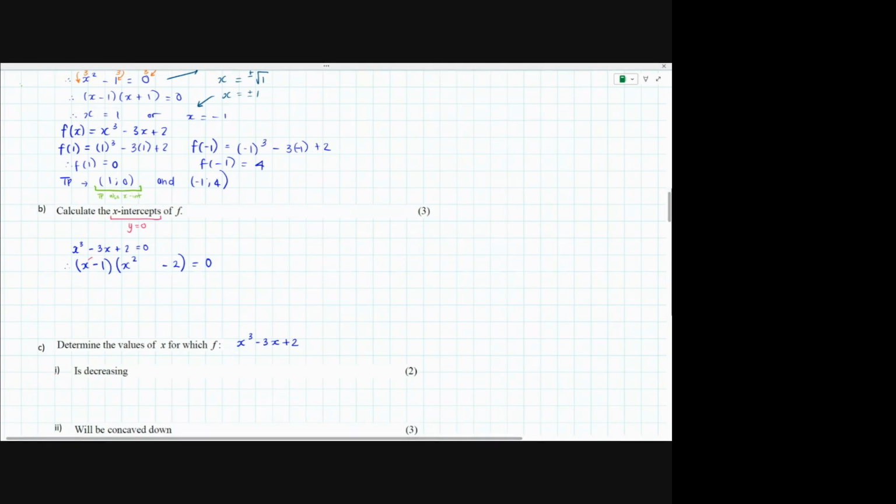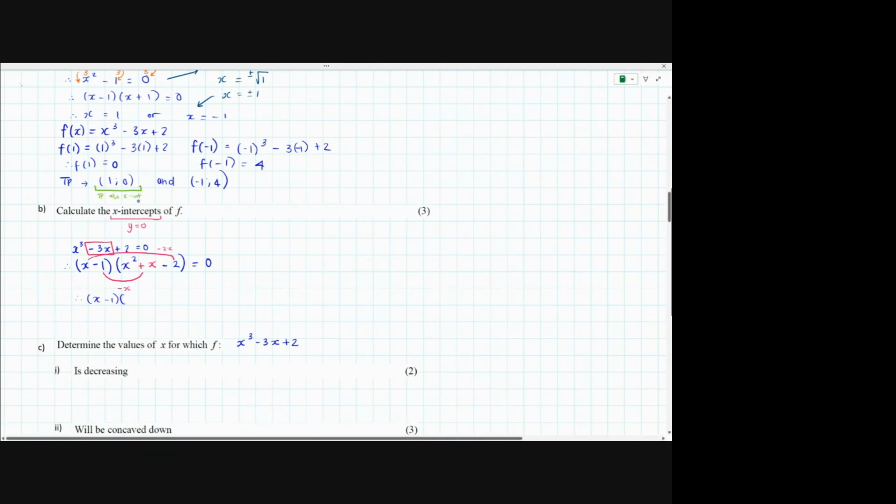But if we said x times negative 2, this would give me negative 2x. And I want negative 3x. So that means negative 1 times whatever this middle term is going to be must give me a negative x, which means that this middle term must be positive x. And so now I've got a quadratic that I can go and factorize further, giving me x minus 1.